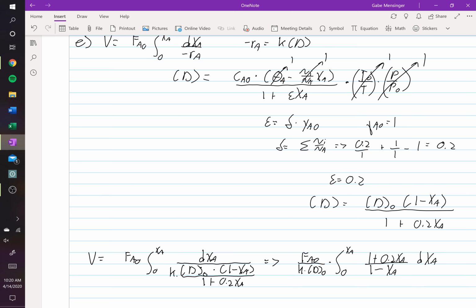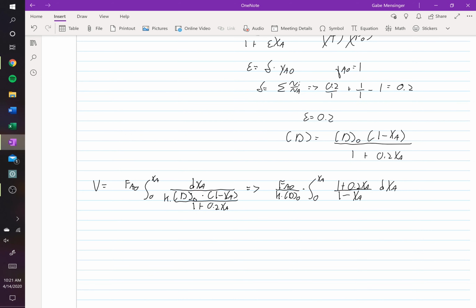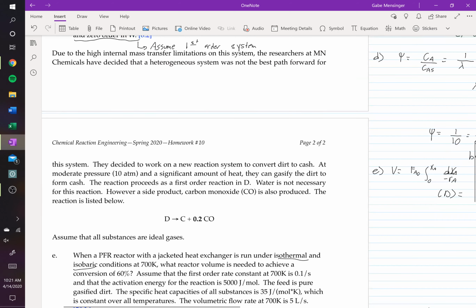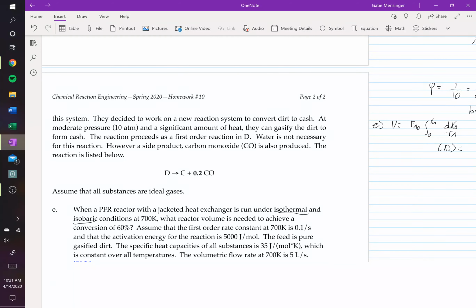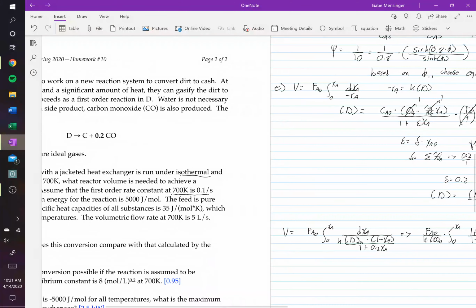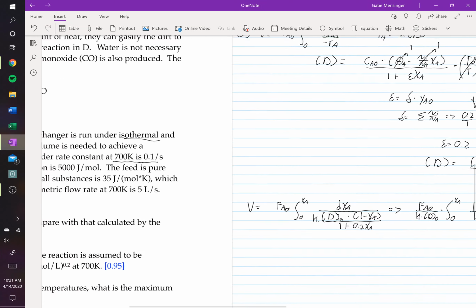So there's that. What terms do we still need to get for this problem? We're given k, assume the reaction at 700 Kelvin, 0.1 per second. Are we told anything about the molar flow rate, F_A0, or D_0? We're not.